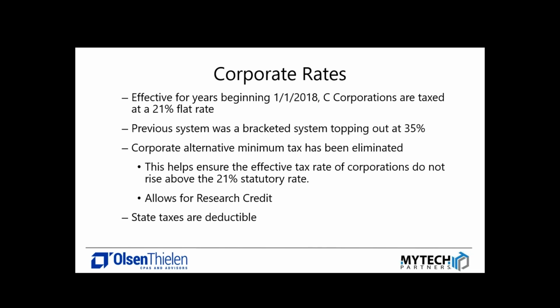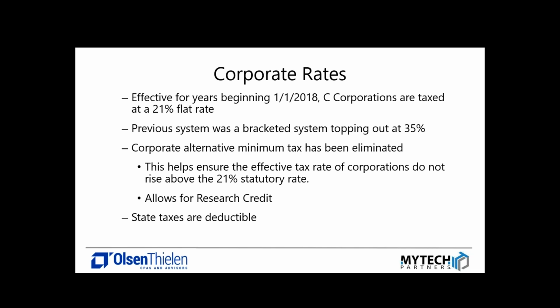This is to help ensure that the effective tax rate on C corporations does not rise above the 21% rate, and because there's no AMT, that frees up some of the research credit. Also, state taxes at the C corp level, the corporate level, are deductible.